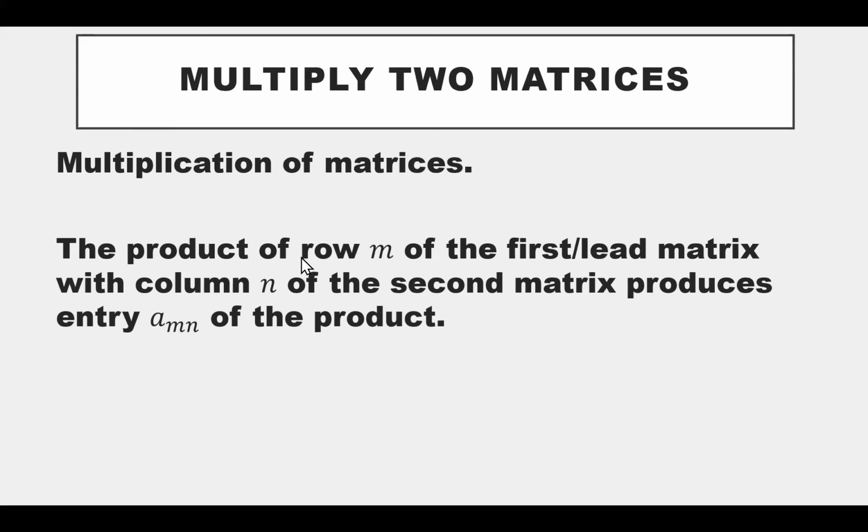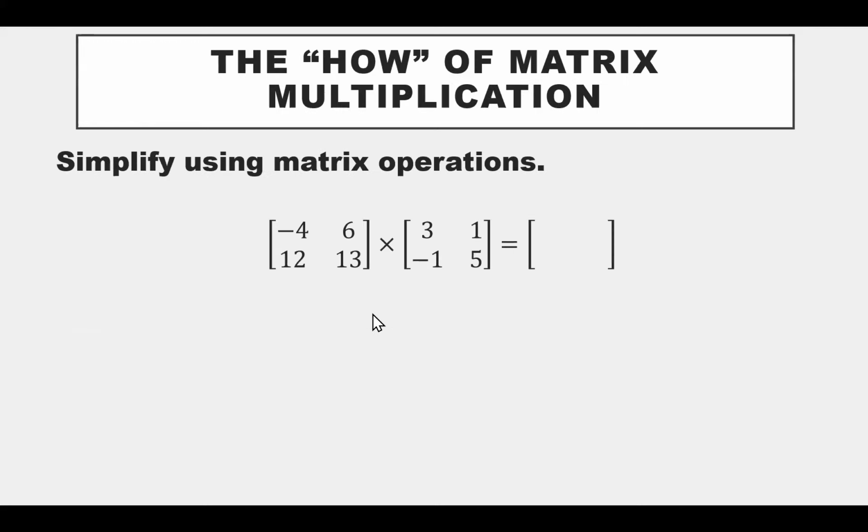So the rows of the first matrix multiply times the columns of the second matrix. Now, let's explain that in a 2 by 2 matrix times a 2 by 2 matrix example.